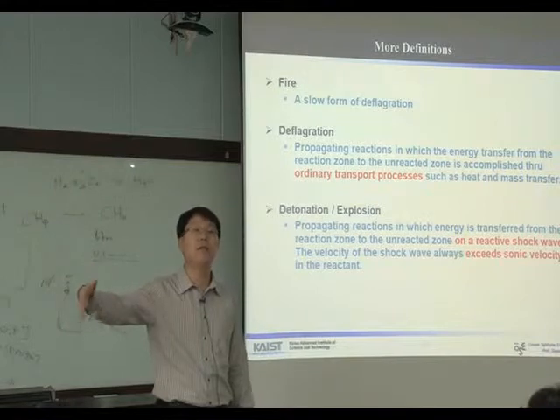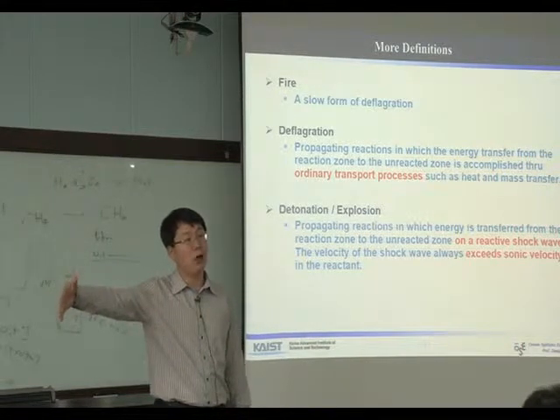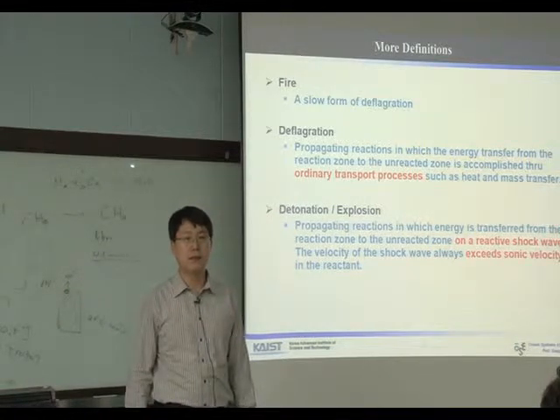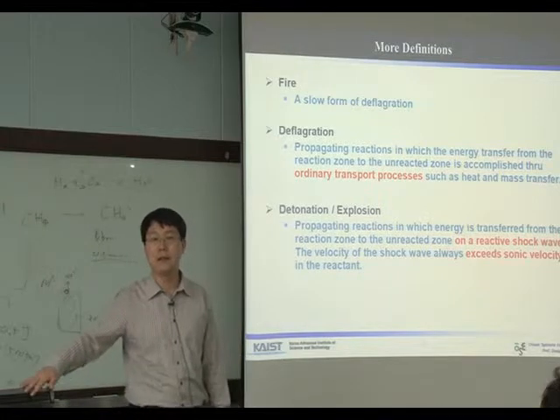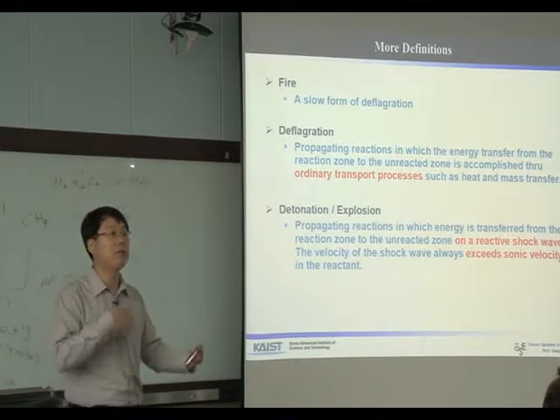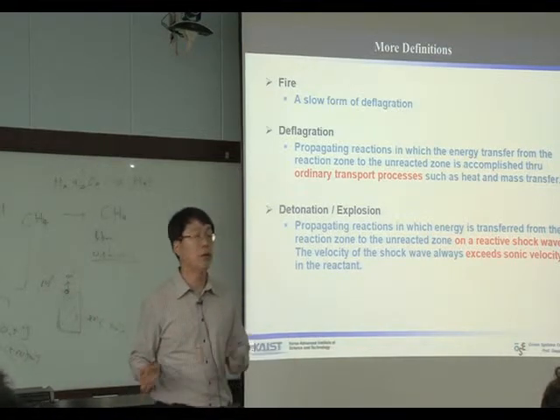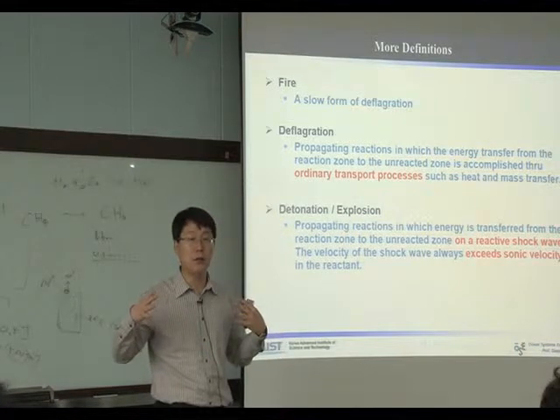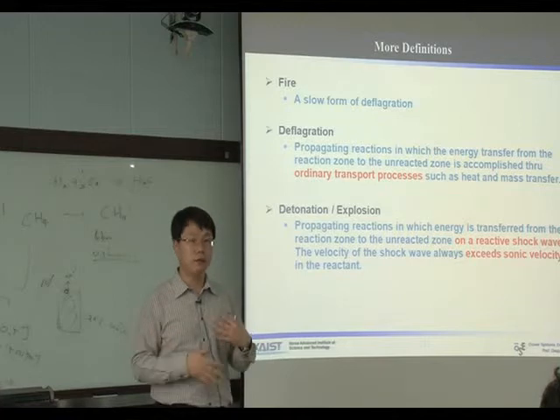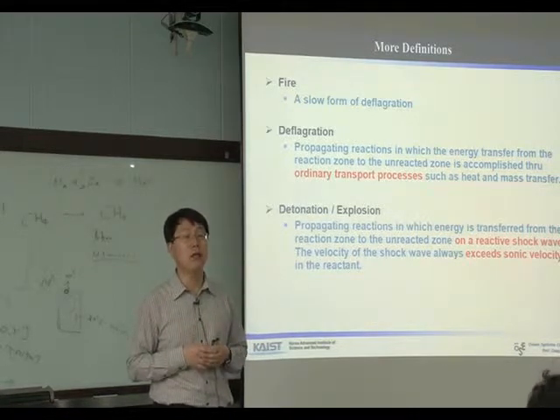The turbulence can be caused by the fire itself, or if we have a congested object like this, the fire will disperse, so there can be some kind of fluid motion, turbulent flow, so that the flame can be mixed with the cloud at a very high speed. That phenomenon is called explosion.